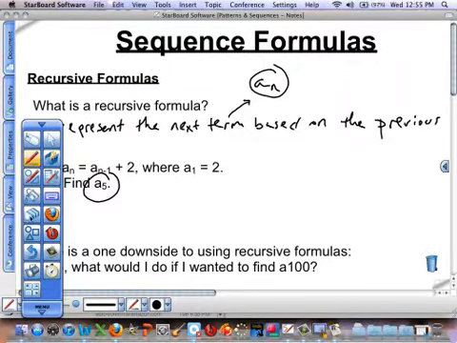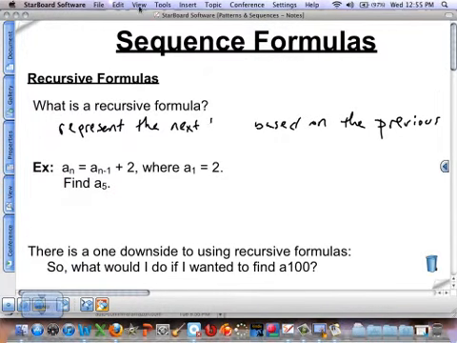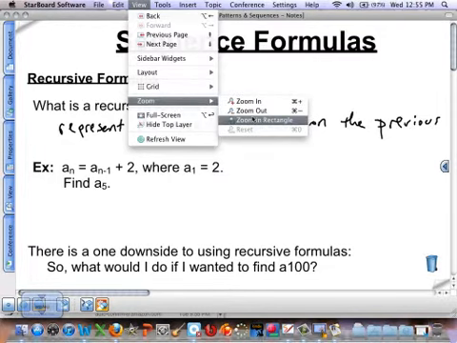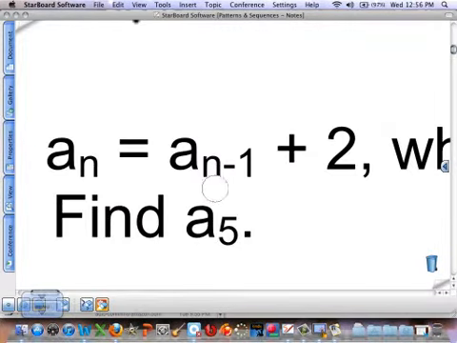Well, it's what we have right here: a sub n minus 1. If I have a sub n for any number, the number before n is n minus 1.